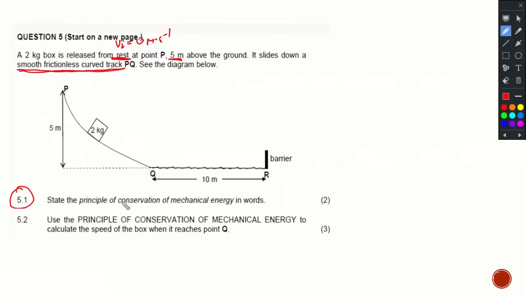5.1 says: State the principle of conservation of mechanical energy in words. So you're just going to define that.